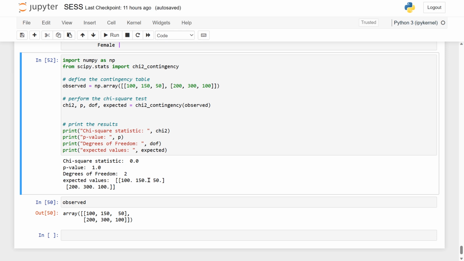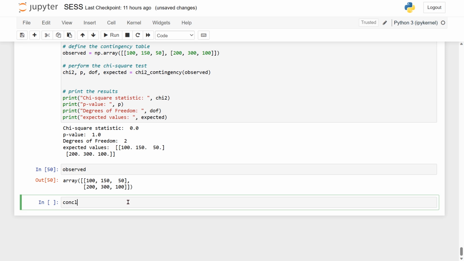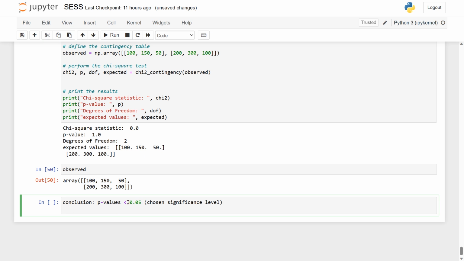So we can interpret the results. We can interpret the results of the test to determine whether there is a significant association between the groups and outcomes. So if the p-value is less than 0.05, our chosen significance level, we can reject the null hypothesis and conclude there is evidence of a significant association.